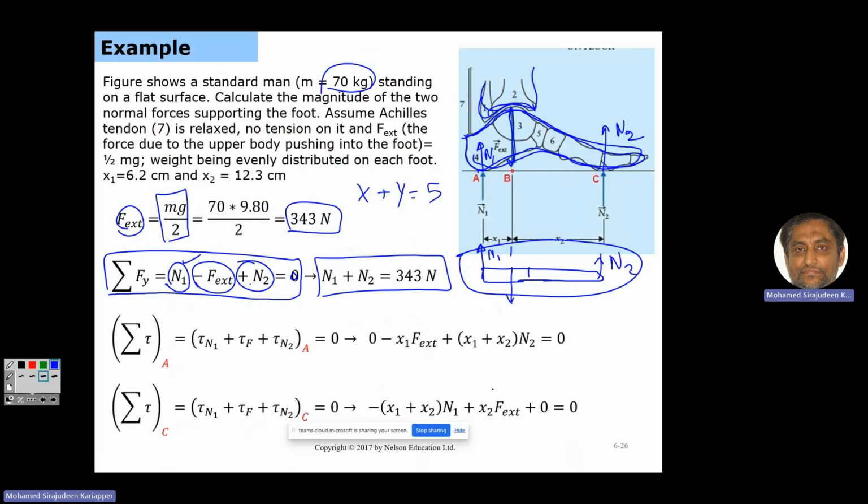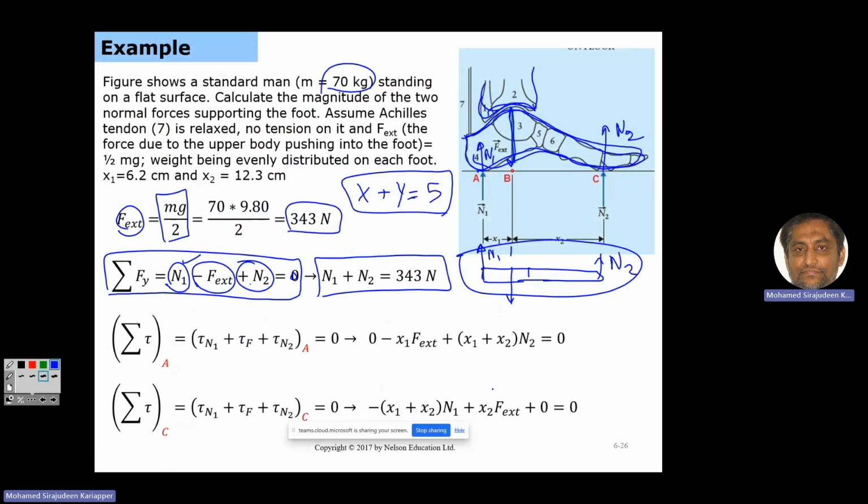So if you stop here, only one equation and two unknowns. I mean, we cannot do anything with that alone. Okay. So we need to find another independent equation, and we have one. Sigma Fx equal to 0 is useless. It will give you just 0 equal to 0.